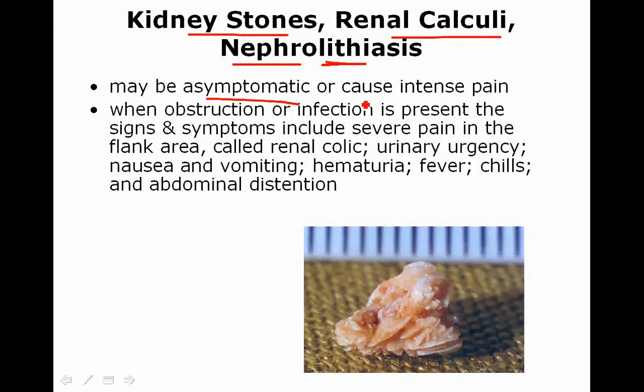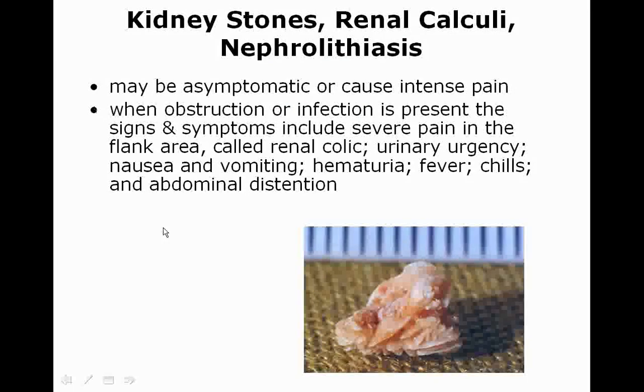When the kidney stones start moving or causing obstruction, and if they're very large, then they are going to cause intense pain. The pain is usually referred to as pain in the flank area, the lower back towards one side or another.